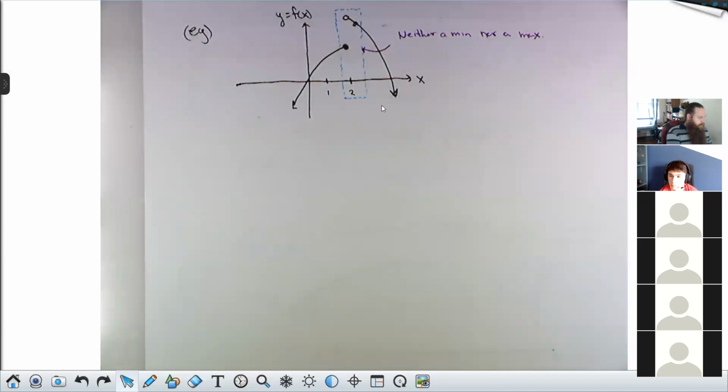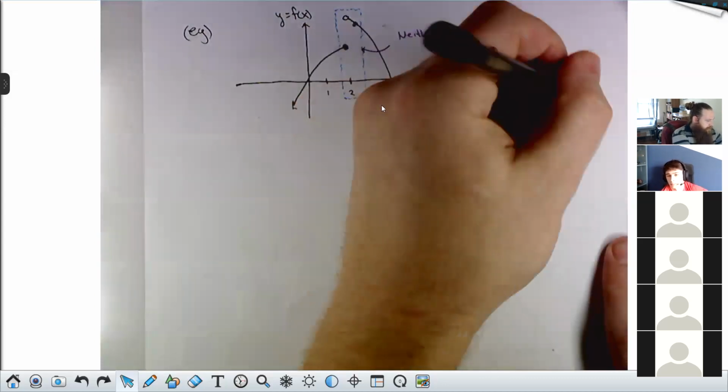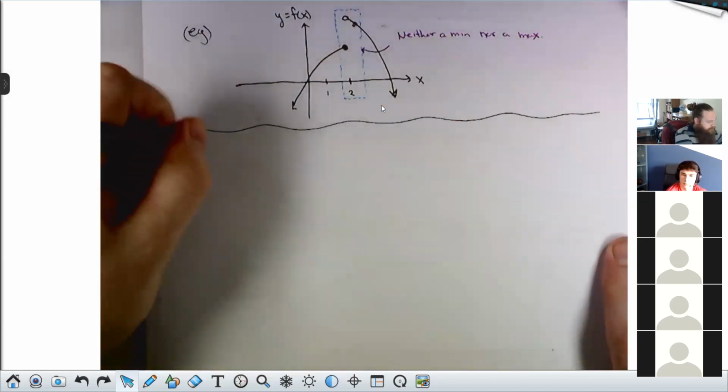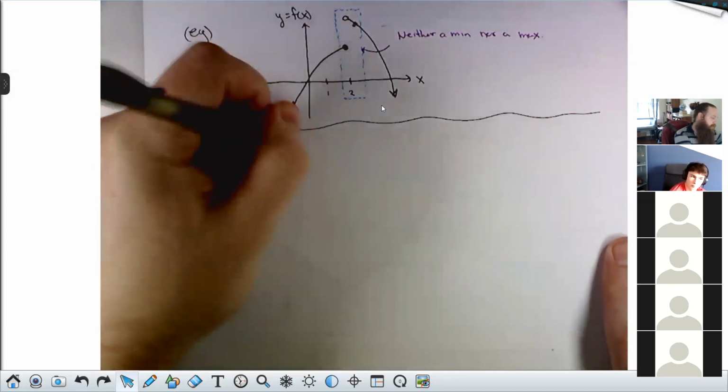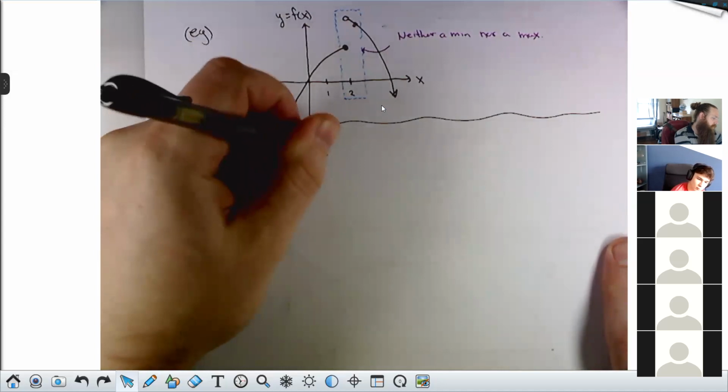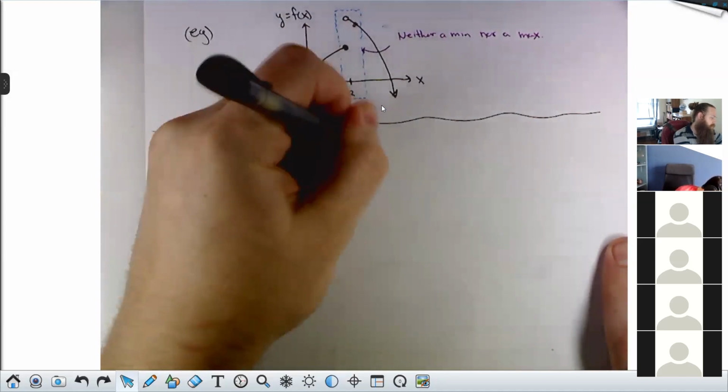The next thing we need to talk about, so the start of section 2.4, is on average rates of change.